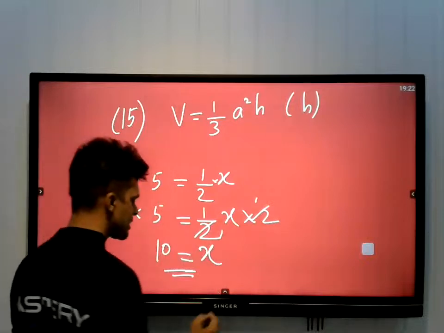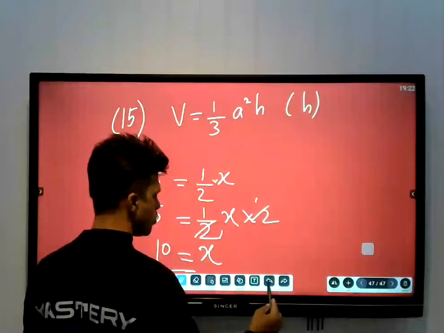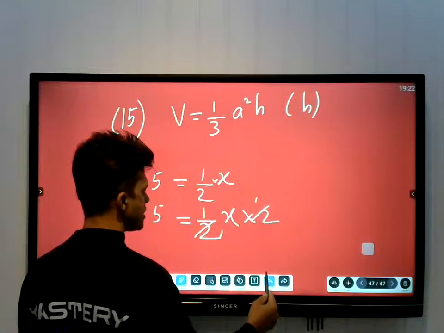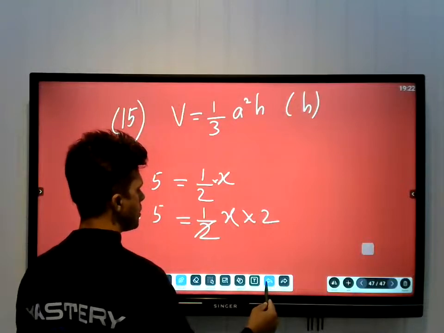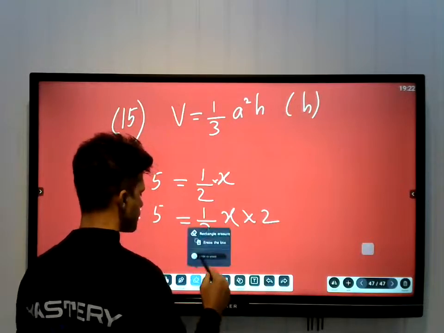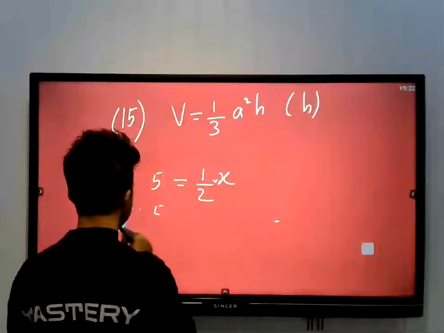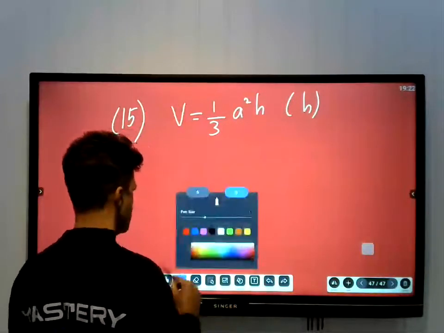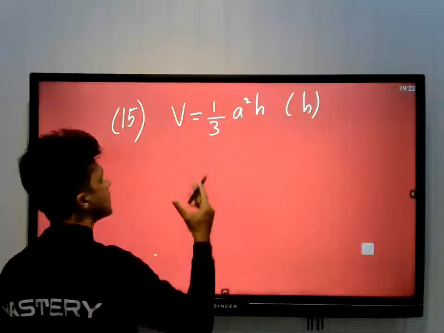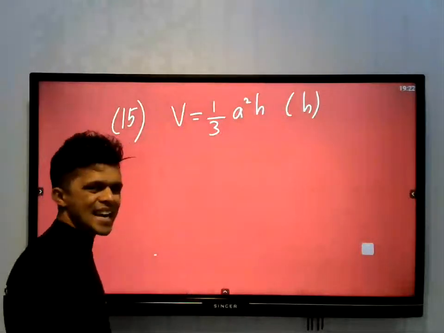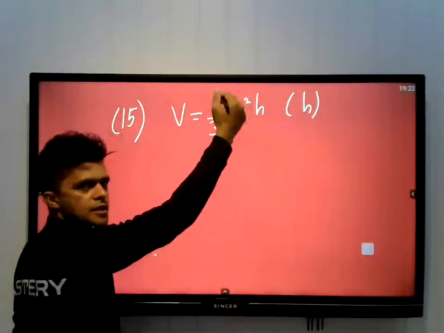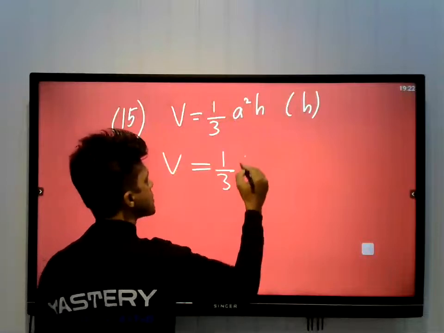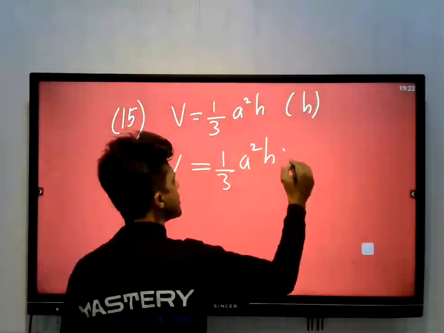Likewise, in the previous question, to write the term H as the subject, we could multiply both sides by 3.